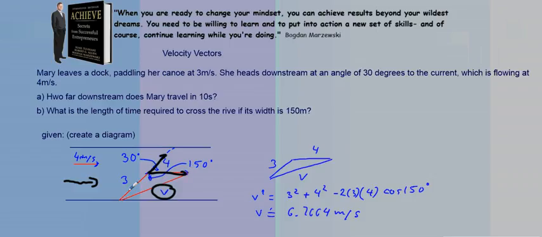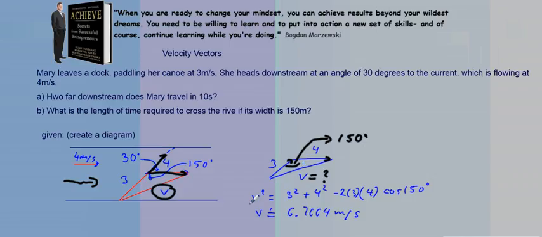In this velocity diagram, where we want to find the resultant velocity, the angle at this vertex is 150 degrees, which is the supplementary angle for 30. I hope this makes sense.